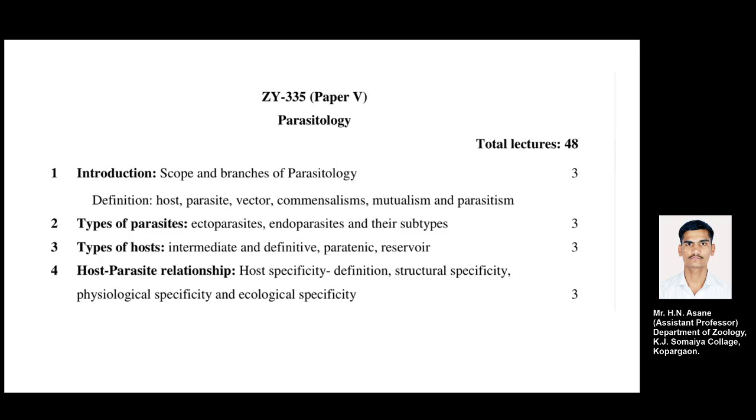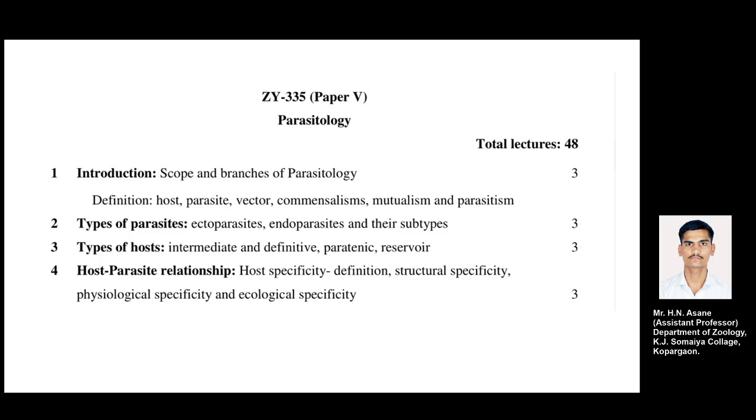We will see some definitions, like the host. What do you mean by the host? A host is an organism which harbors the parasite in its own body. Then the parasite: a parasite is a living organism which receives nourishment from the host. Then the vector.